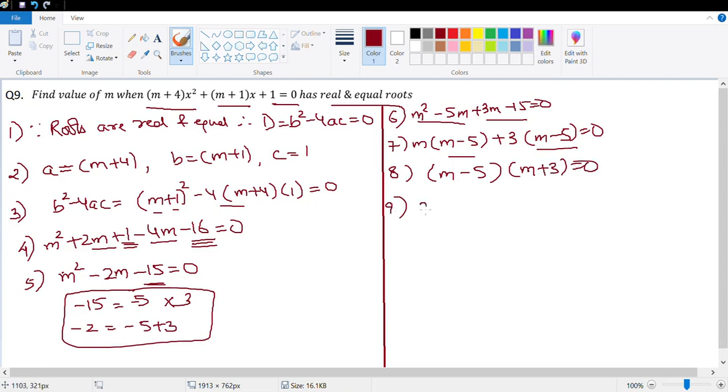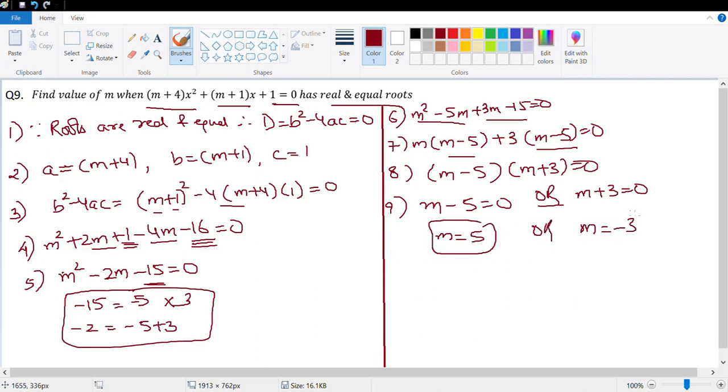And this gives us m minus 5 is equal to 0 or m plus 3 is equal to 0, which means m is equal to 5 or m is equal to negative 3. So these are the two possible solutions of m for which the given equation will have real and equal roots.